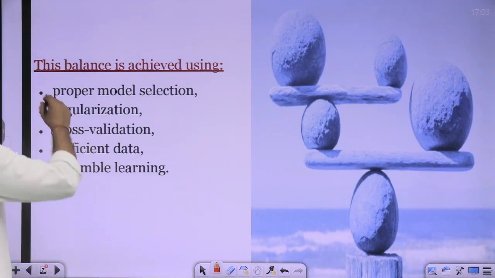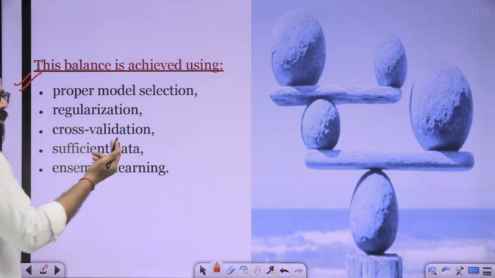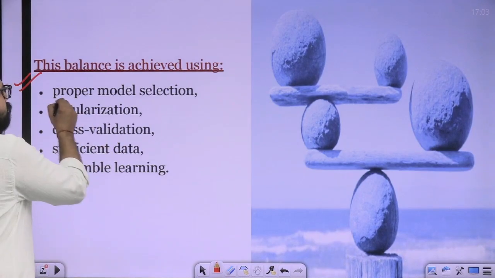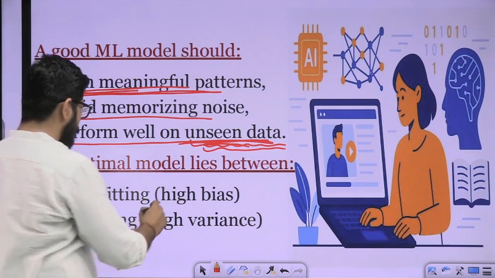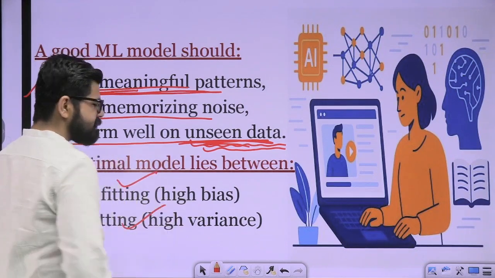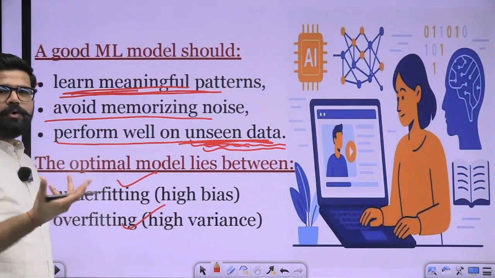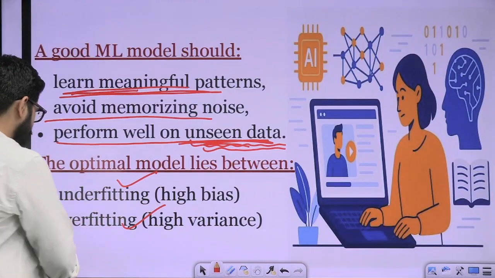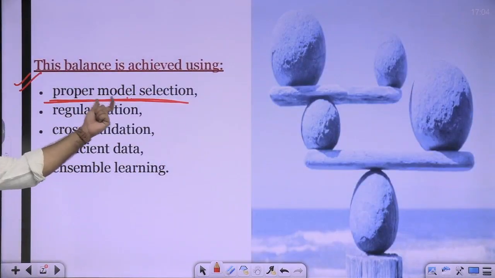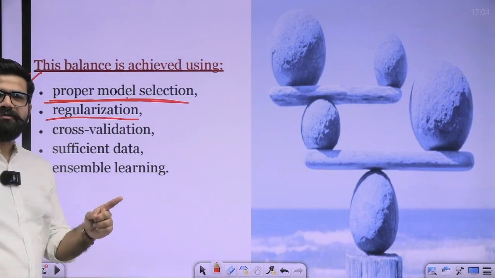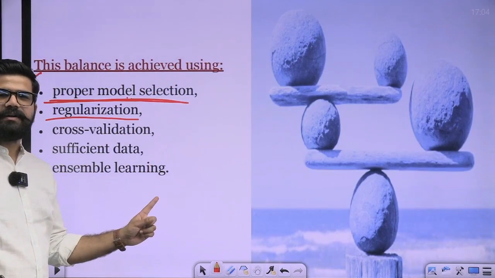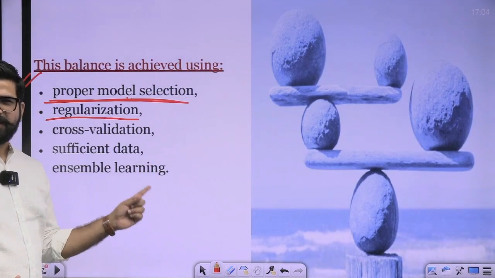Now, how can you achieve this particular balance? By proper model selection. Since you will find that underfitting means high bias and overfitting means high variance, how can you achieve that balance? It can be achieved by proper model selection, and by regularization techniques. I hope L1 and L2 regularization we have already studied in lecture number 6 or 7.